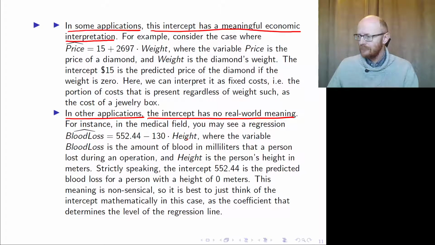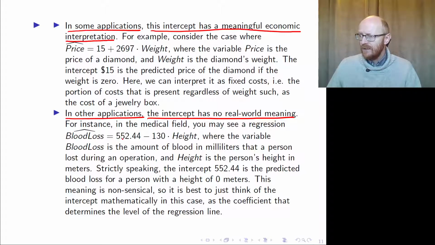This might be used as an estimate of how much blood the surgical team has to have in store in preparation for a certain operation. So what do we make of the intercept in this instance?